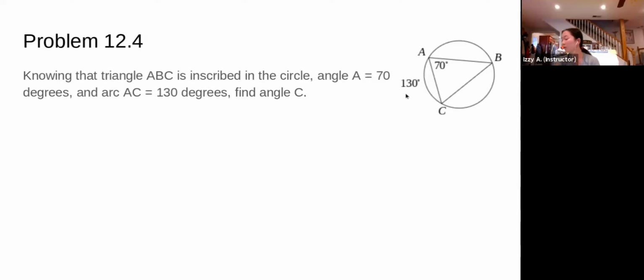If you look at this image here on the right, you see that it says AC. This is arc AC, right? You see the 130 degrees right here. Imagine if you were to draw an angle where the vertex is in the center of the circle and it touches point A and point C, that would be 130 degrees.